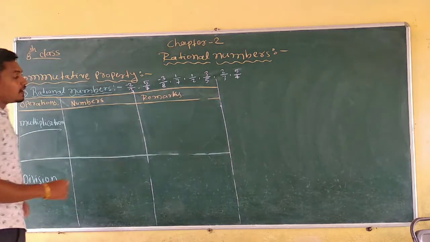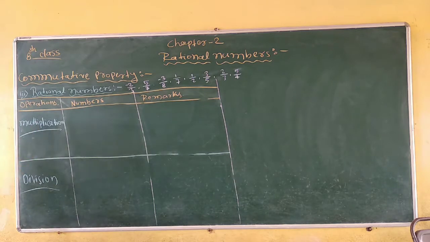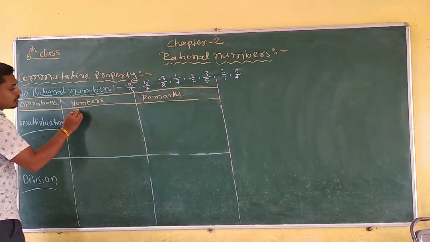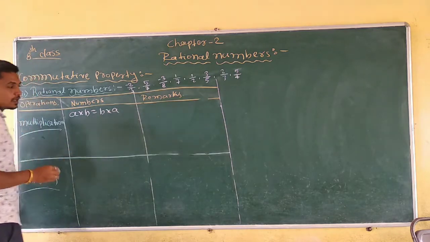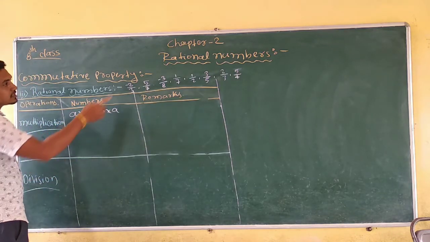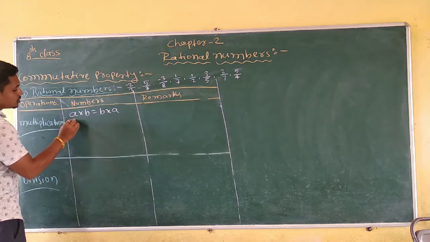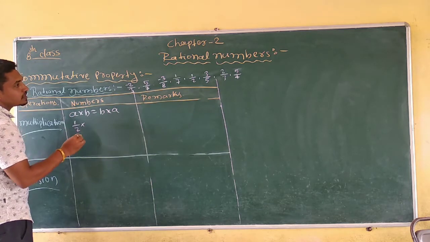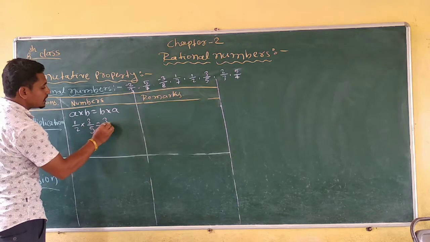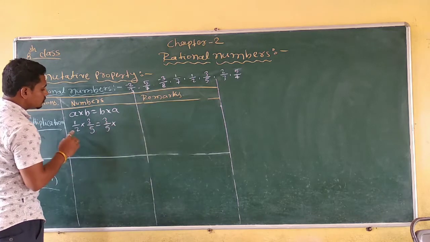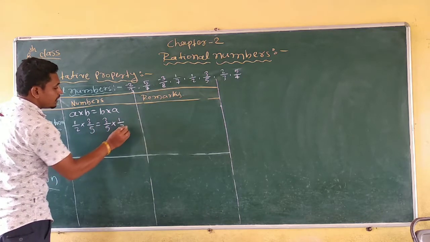So now we have discussed the commutative property of multiplication for rational numbers. Here A into B is equal to B into A. Take A is equal to 1 by 2 and B is equal to 3 by 5, B into A, 3 divided by 5 into 1 divided by 2.